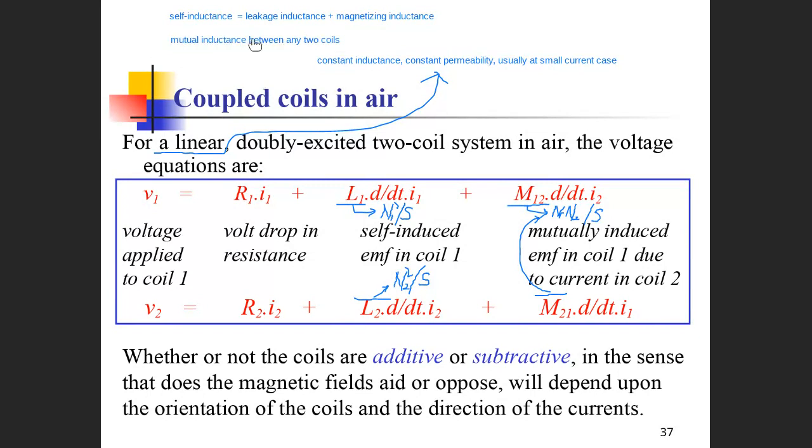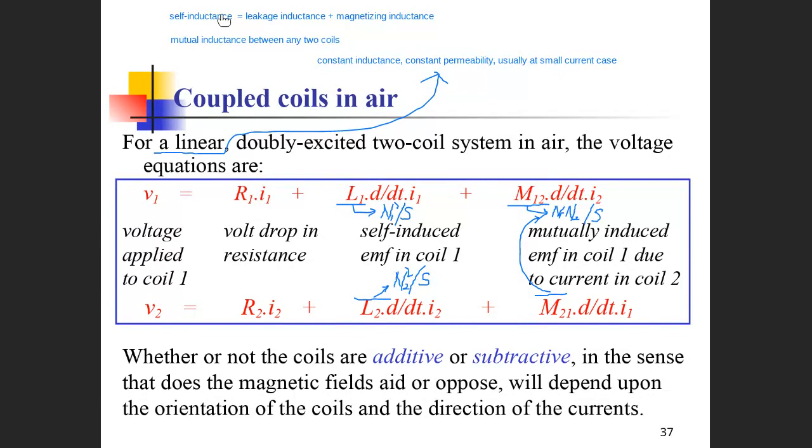So far you should understand the relationship between the inductances. We generally say inductance, but in detail we have the self-inductance of a given coil, which is the total inductance of the coil.